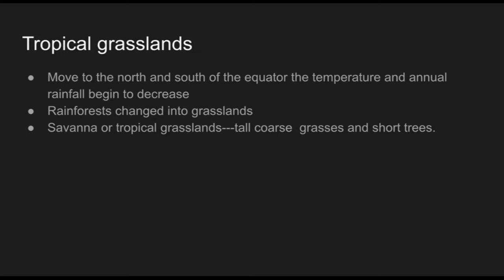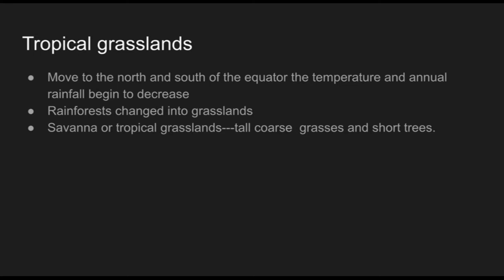The speciality of this region is tall coarse grasses and short trees, which is called savanna or tropical grasslands. North and south of the equator, we can see temperature and annual rainfall decrease, and rainforests change into grasslands. The speciality is tall coarse grasses and also short trees.